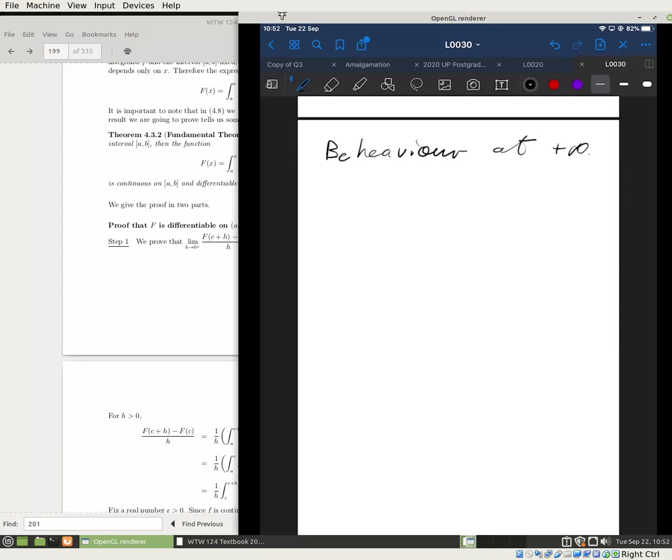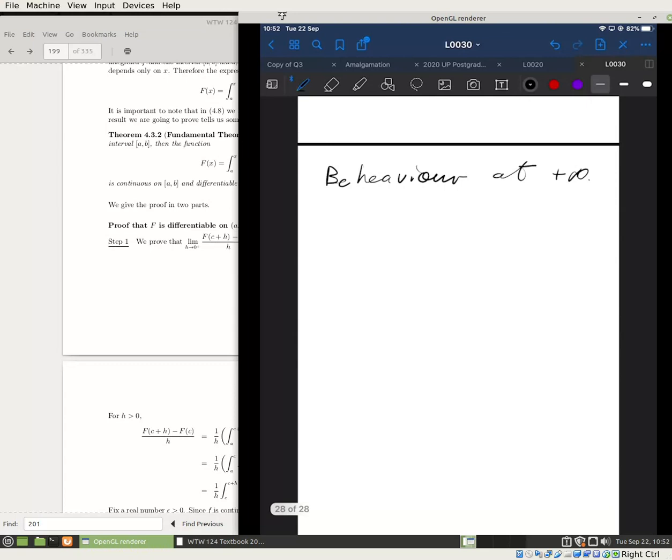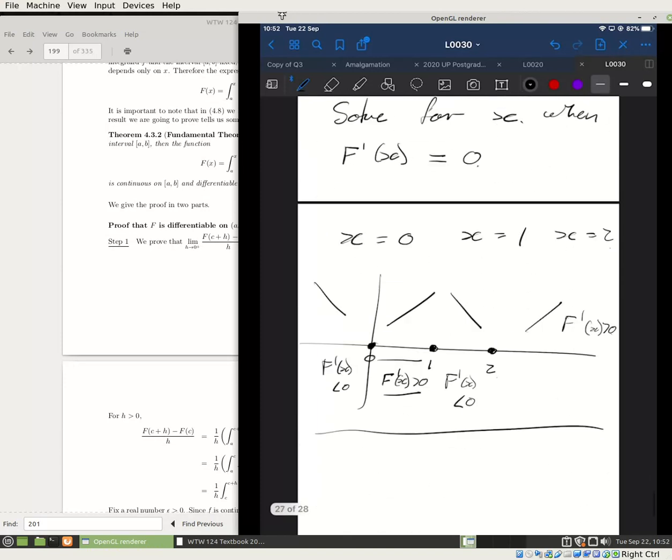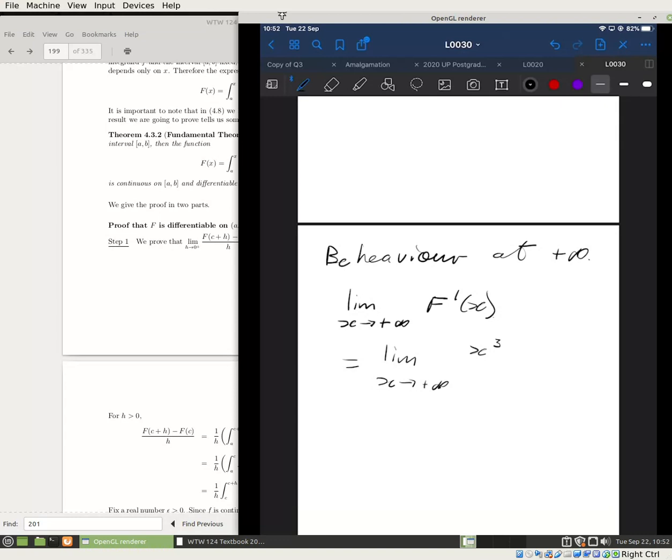Let us think about the derivative of big F as x tends to plus infinity. So let's think about the limit as x tends to plus infinity of big F, the derivative of big F. But that is the limit as x tends to plus infinity of (x cubed minus 3x squared plus 2x) over (x squared plus 1).